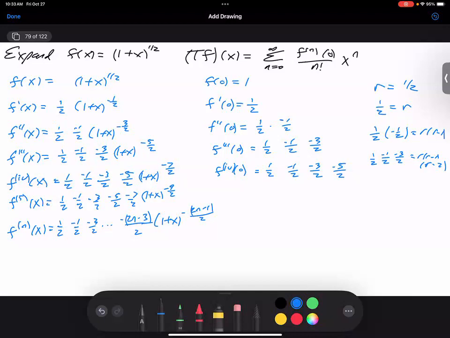Okay. So is there a nice way to represent this number? So we can write this in terms of the falling R's, right?